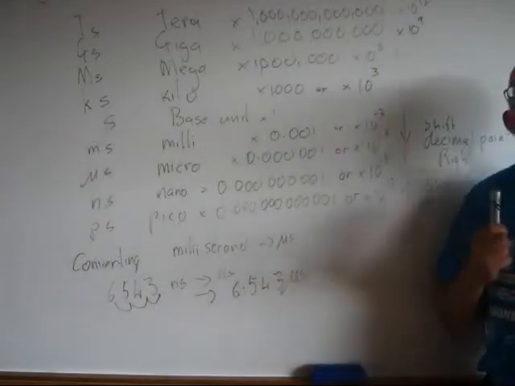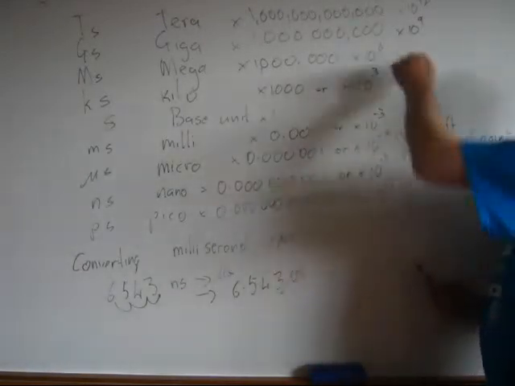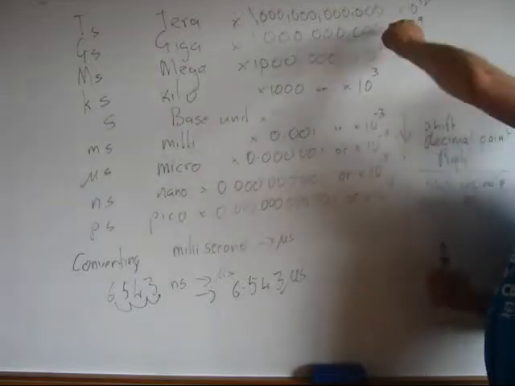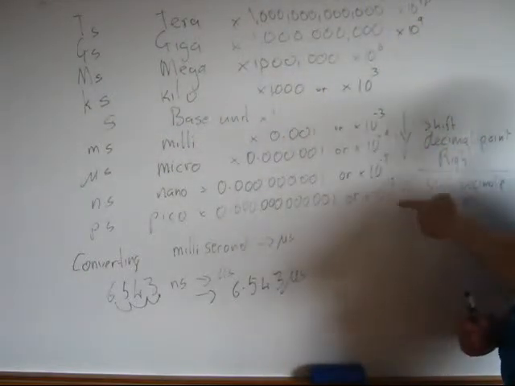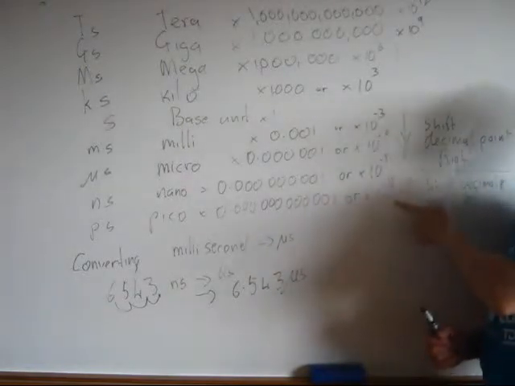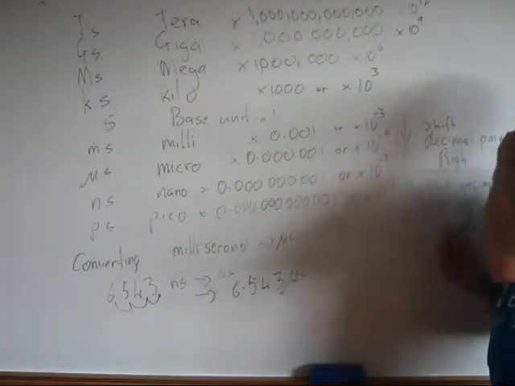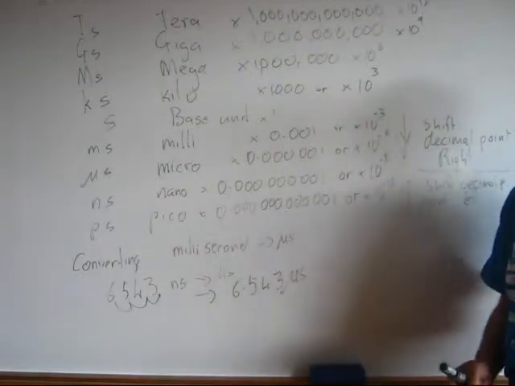Okay, so what I'm trying to say here is when we're converting, if we're going down the table, if we're starting from a big number, big unit, and going to a small unit, we shift the decimal point right. If we're starting from a small unit and going to a bigger unit, we shift the decimal point left.